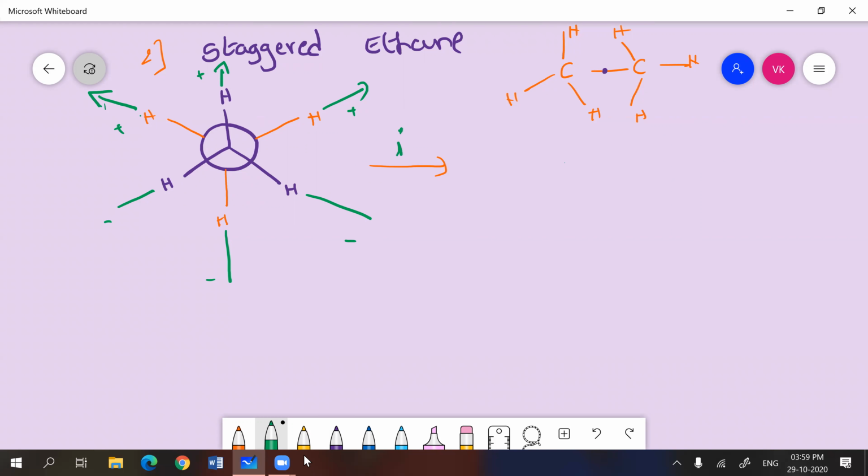You see, the backside hydrogens will occupy these positions. Let's give the numbering 1, 2, 3, A, B, C. Now see, H1 will be replaced with HB, H2 will be replaced with HC, and H3 is replaced with HA.